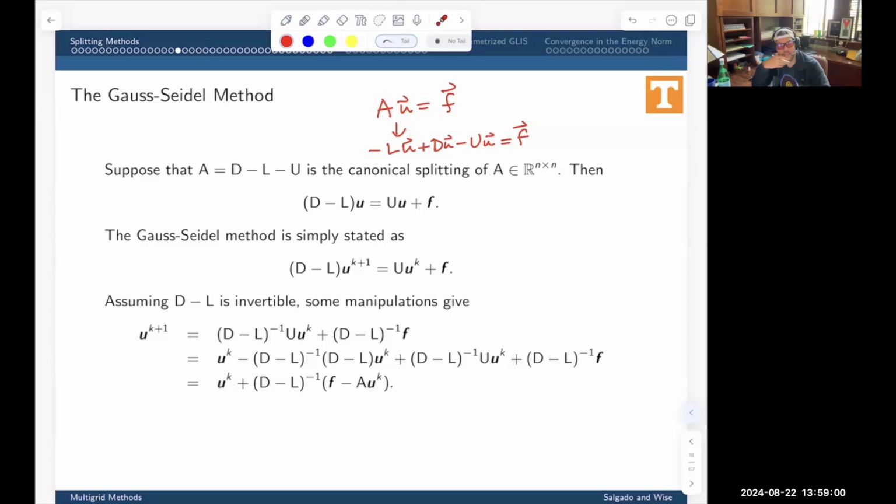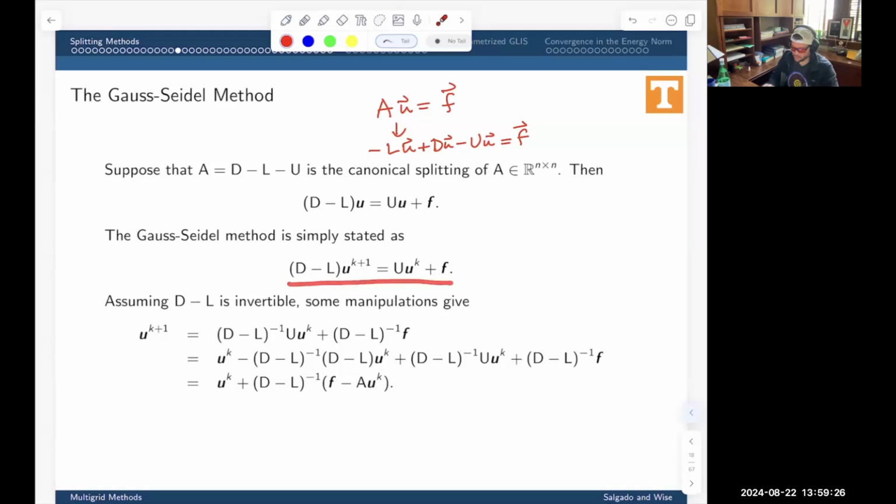It's a triangular matrix, right? In fact, it's a lower triangular matrix. What do we need for that to be invertible? We need D to be invertible, or non-zero diagonal entries, and that's enough. So if D is invertible, then D minus L is invertible, and so then we can do the following manipulations.